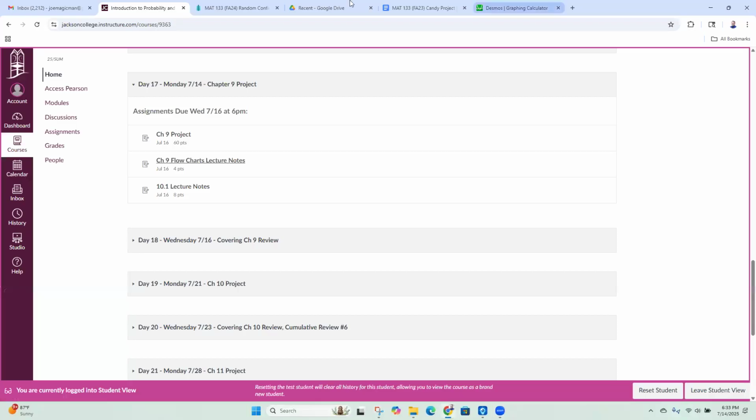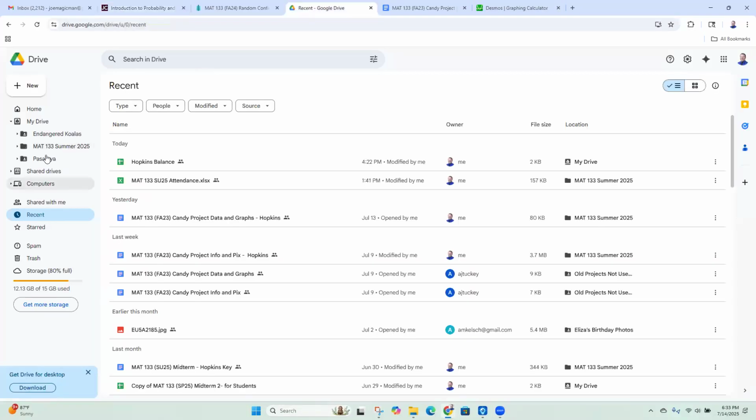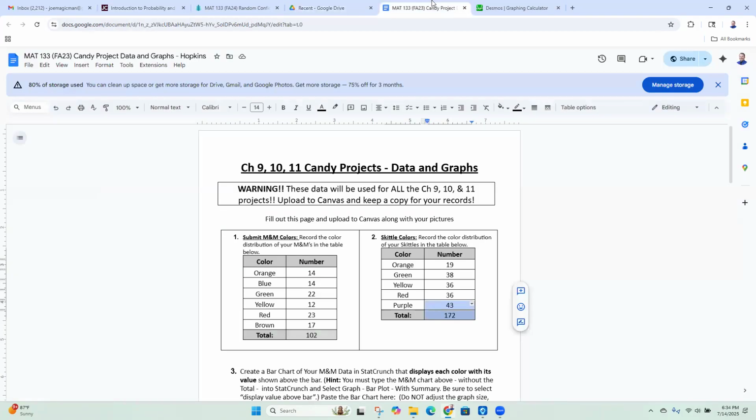If you go to Google Drive and click on Recent, it should be near the top. For example, this one is mine. You want the Candy Project data and graphs. It's got all my counts, how many I had for orange, green, for M&Ms, as well as everything for Skittles.